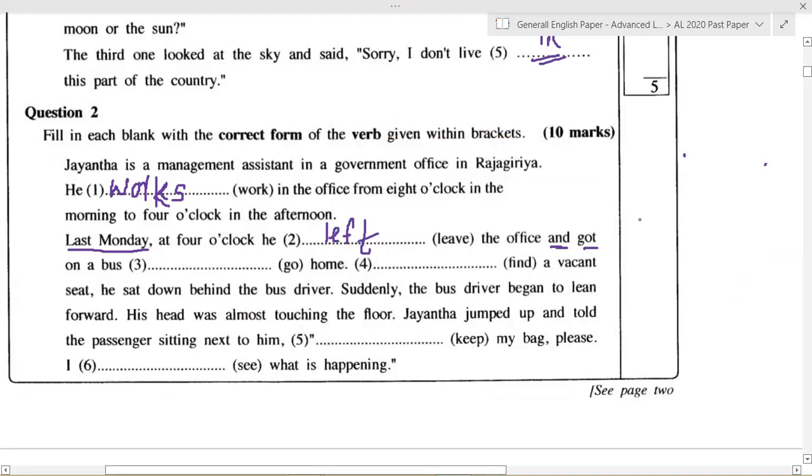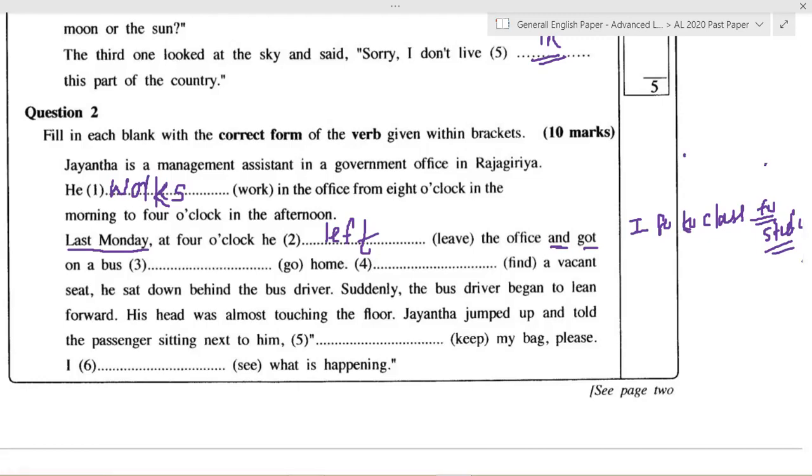Something like this: I go to class to study. Look at that. The second verb comes after to.